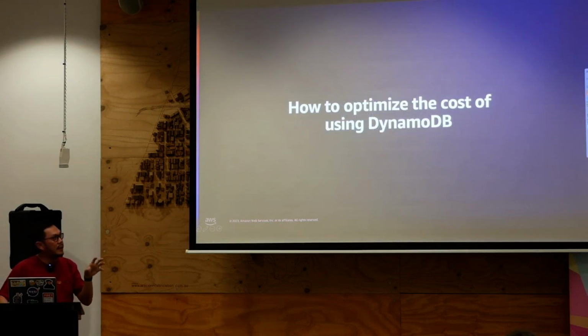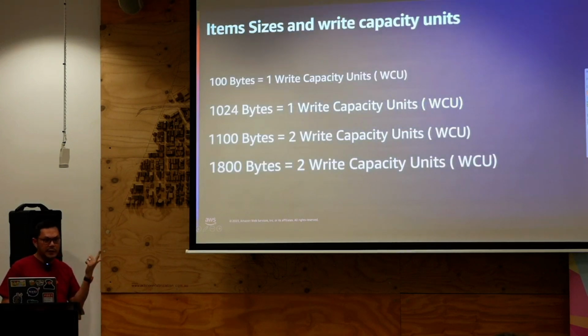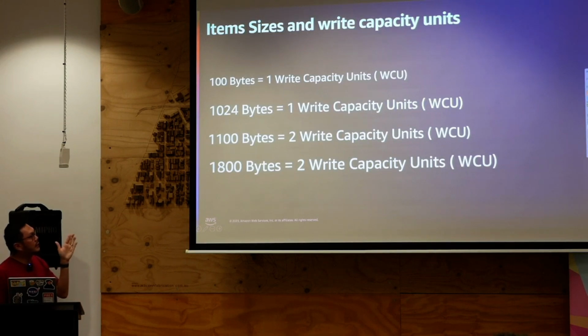All right, but engineering is not mainly about building a feature, it's also a trade-off. I mentioned before, this is DynamoDB pricing. Whenever you do a write, we charge you depending on how many bytes you write, in increments of 1 kilobyte. So if you write 100 bytes, we will charge you 1 WCU.